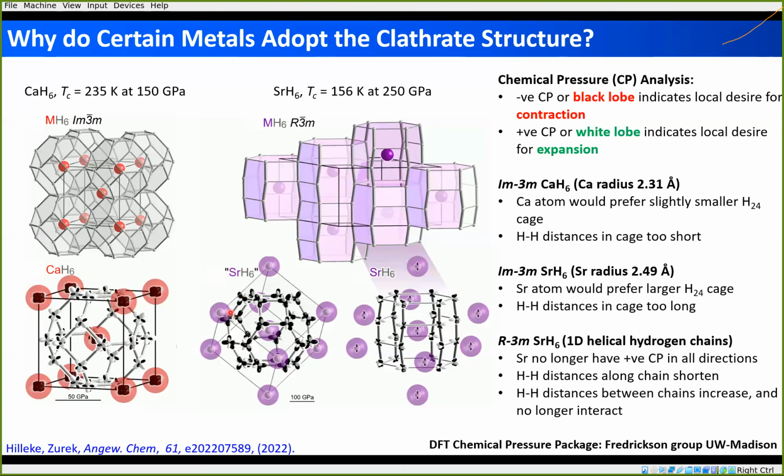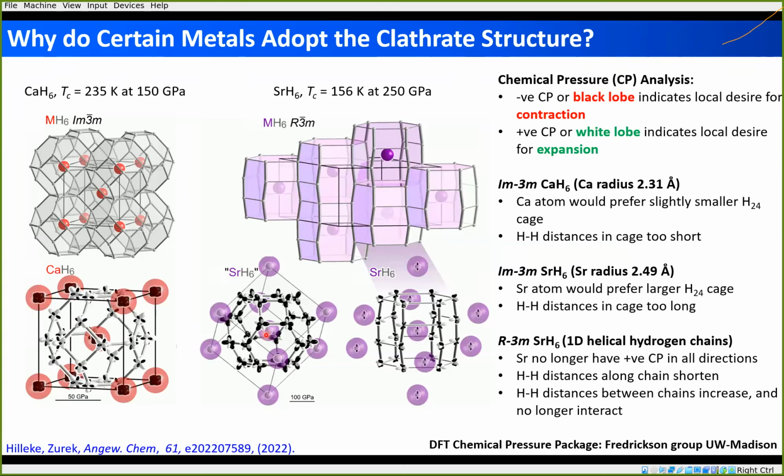One can do a similar calculation for strontium H6 as well as for this distorted version. And what we see is an inverse of the chemical pressure map around the strontium, showing us that this strontium would prefer a larger cage.